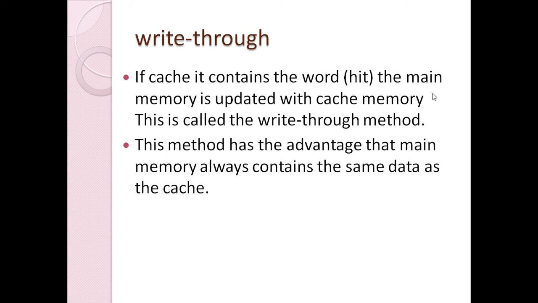So in write through, both are updated at the same time. When cache is updated, the main memory is also updated. This method has an advantage that at any point of time, main memory and cache memory data is the same.